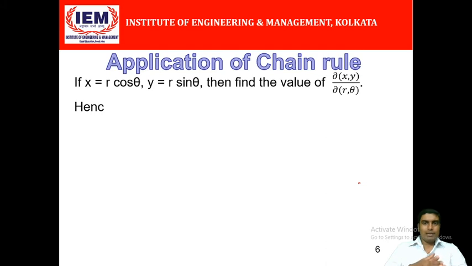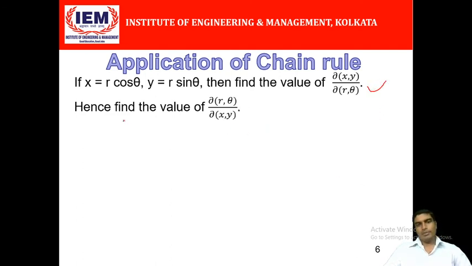In the last example we have already found ∂(x,y)/∂(r,θ). Now by using the previous rule, we can easily find ∂(r,θ)/∂(x,y). As you have already seen, that value is equal to r, so this will of course be 1 by r.